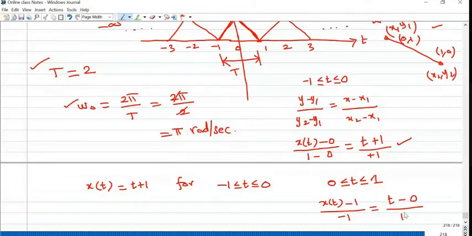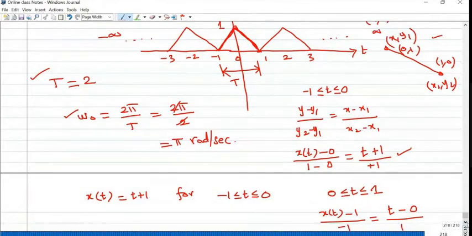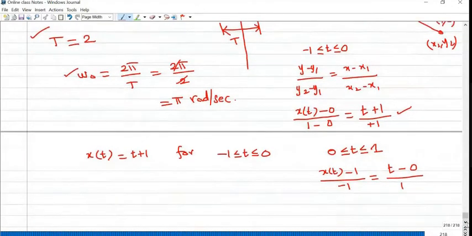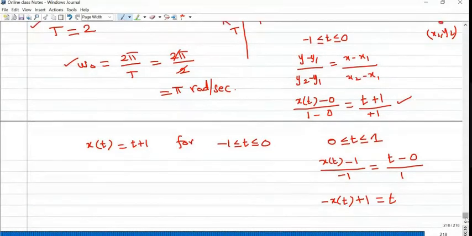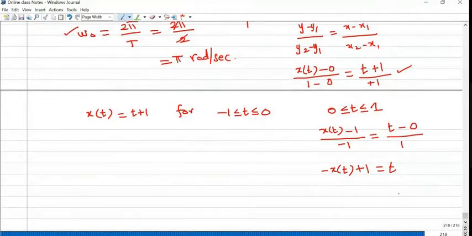Now from this equation, solve for x of t. So x of t minus 1, or minus of x of t plus 1, equals t.